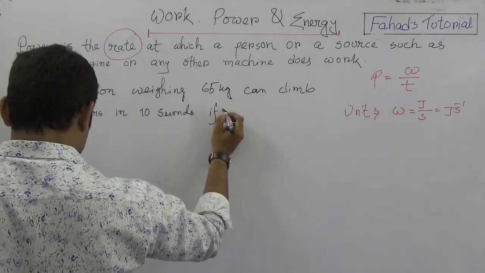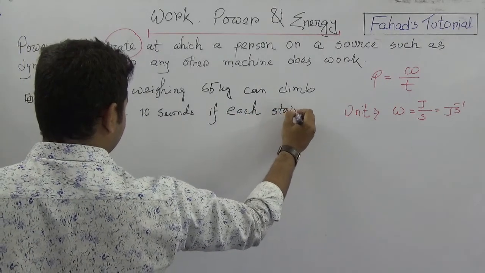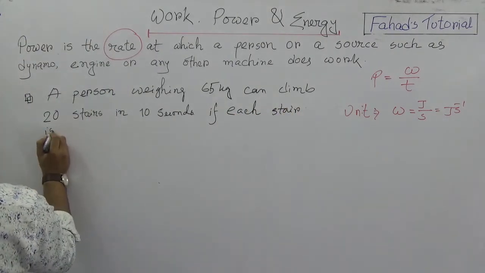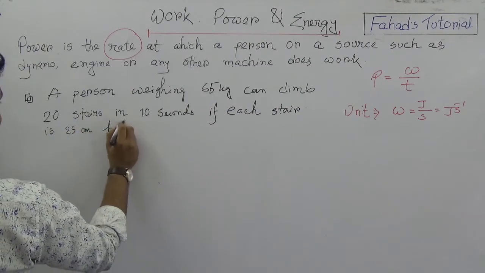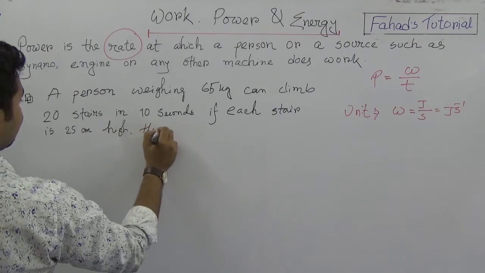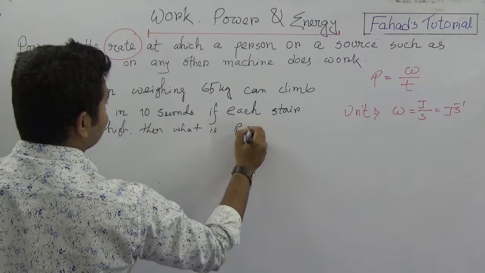If each stair is 25 centimeter high, then what is P equal to?